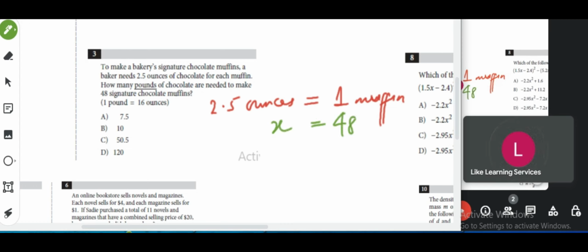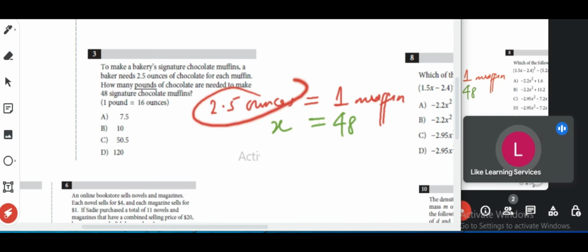X. It's just simple proportion. 48 is the proportion. It's just like 2.5 ounces makes 1 muffin, as we are given.